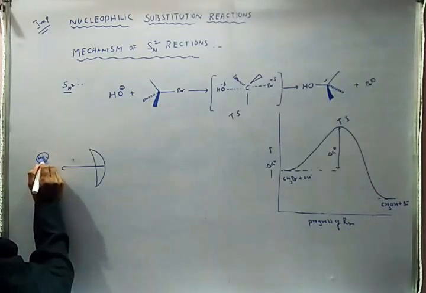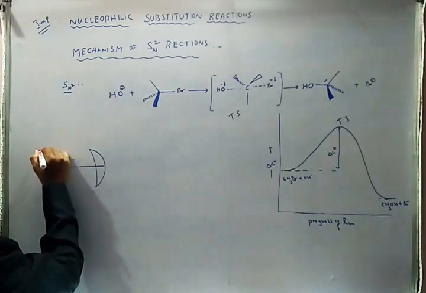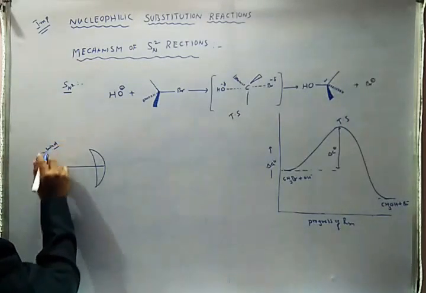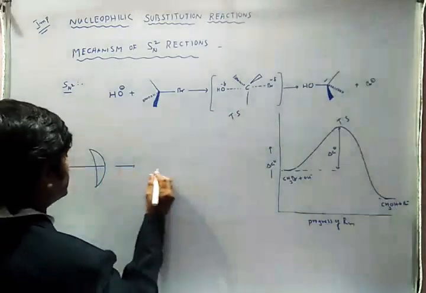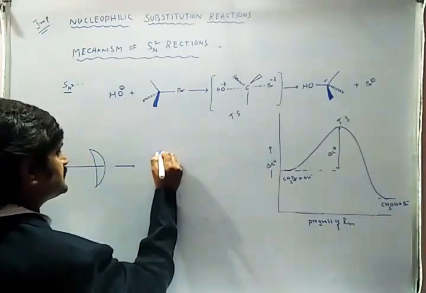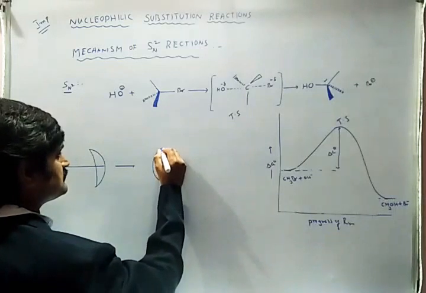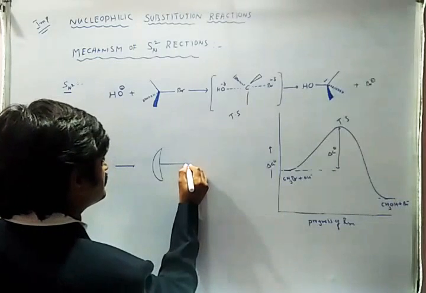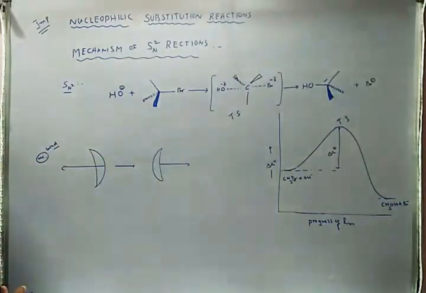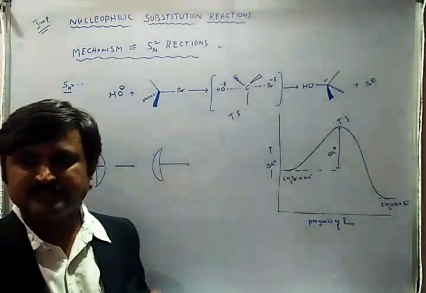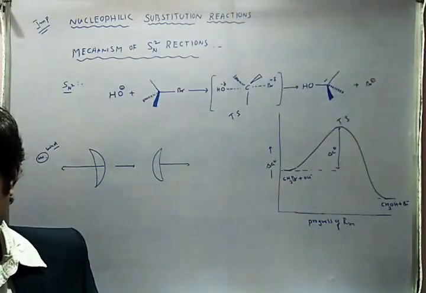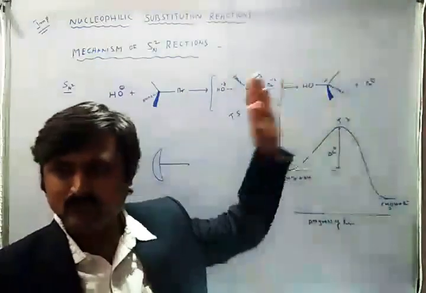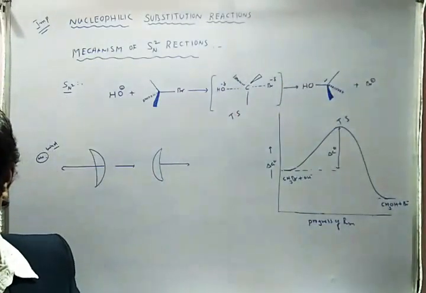The nucleophile is nothing but a force, wind force. Then after the reaction, what we observe is like this. So the meaning of this diagram is that the carbon configuration definitely inverts in the final product.